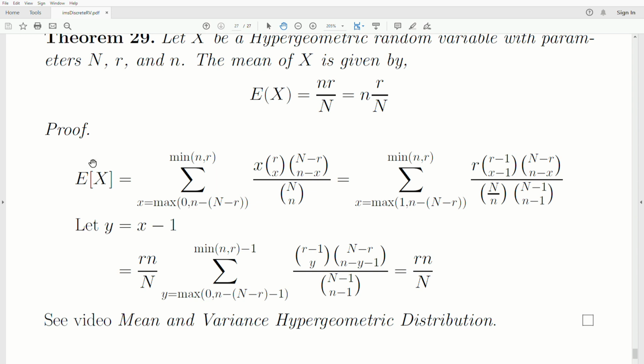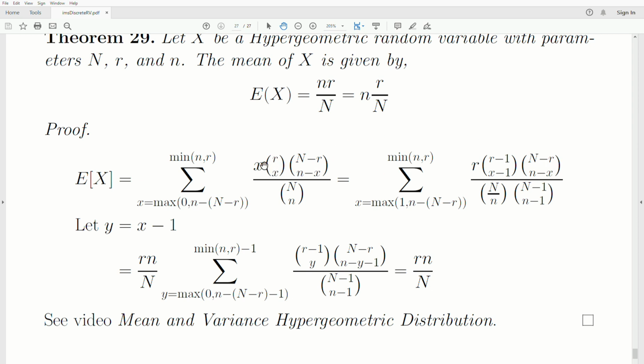Okay. The proof: the expected value of X is you take x times the density summed over all possible values. Now, here, if x is 0, this term doesn't even contribute, so we might as well start at 1. And we're going to manipulate these a little bit. The second combinations will just carry over.